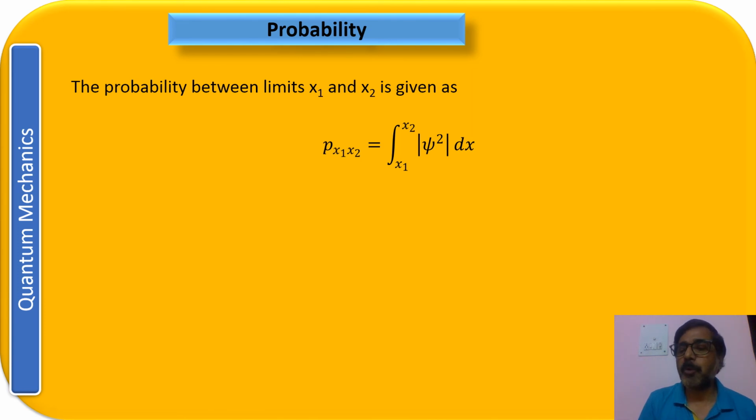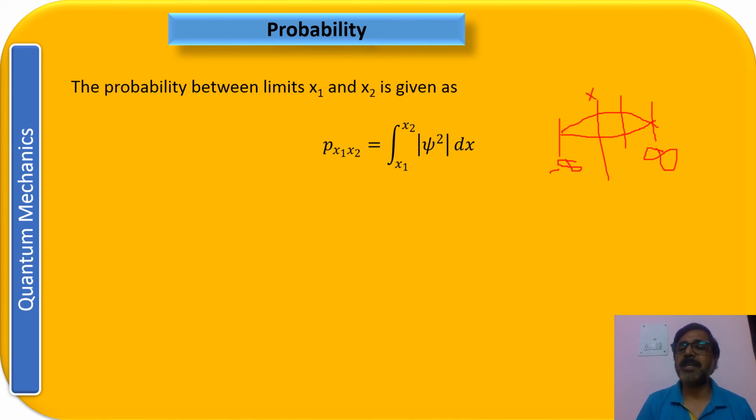Now what you have to do is locate the particle in terms of probability. Let us suppose this extends from minus infinity to plus infinity. It means the particle is somewhere between minus infinity and plus infinity. But now you have to find the probability of finding the particle between any two limits.